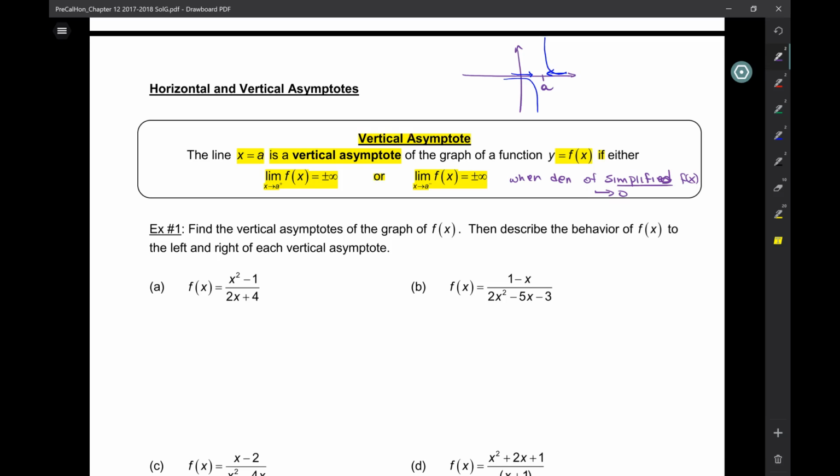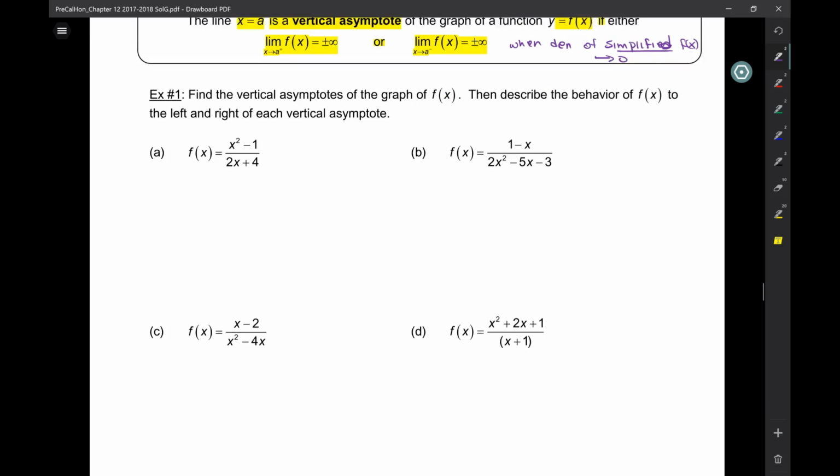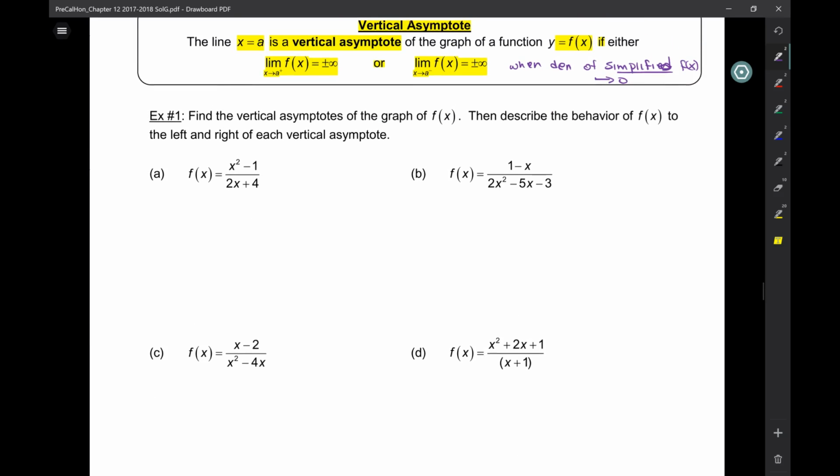Okay, so let's find the vertical asymptotes of these graphs and then describe the behavior to the left and the right of each vertical asymptote. All right, so here, when I factor these, I get x minus 1, x plus 1 over 2, x plus 2.